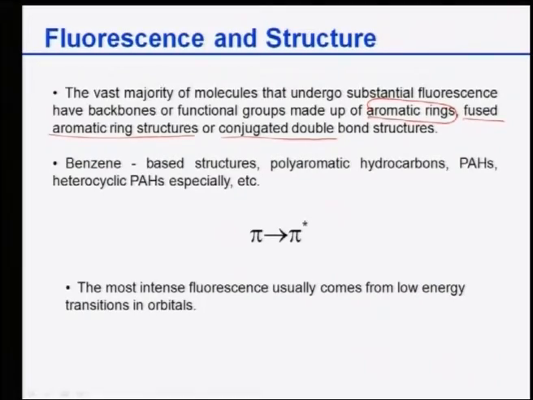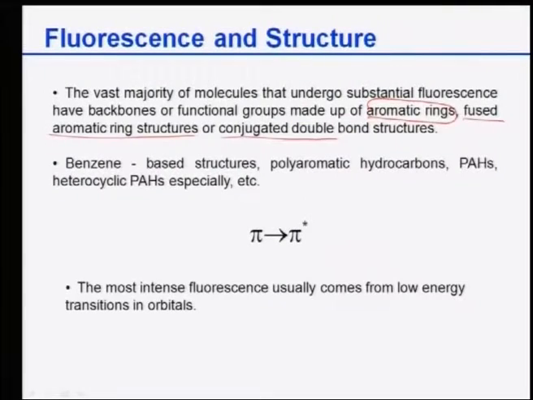Benzene is the best molecule showing aromatic rings, along with benzene-based structures, polyaromatic hydrocarbons, and heterocyclic polyaromatic hydrocarbons, and they always show this kind of transition from the pi orbital state to the pi anti-bonding orbital state. The most intense fluorescence occurs when there are low energy transitions in the orbitals.